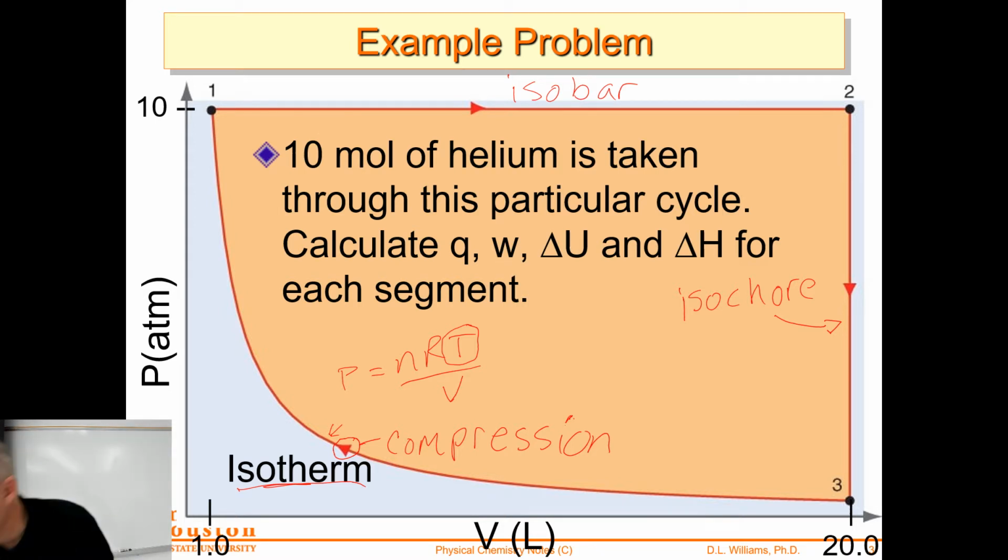Up here, this arrow is going to the right, so that's expansion. And the isochore is the same volume, so it's not compression or expansion. It's the same volume, so nothing's happening there. We are changing temperature and pressure, but we're not changing volume.